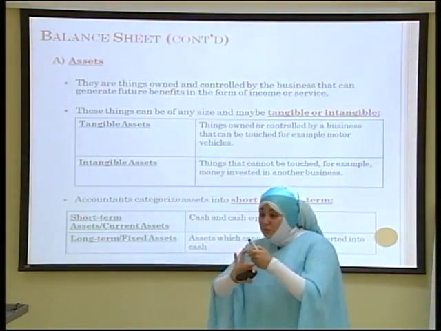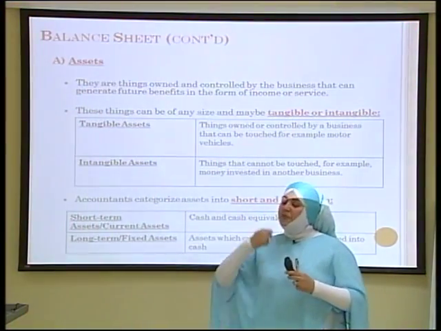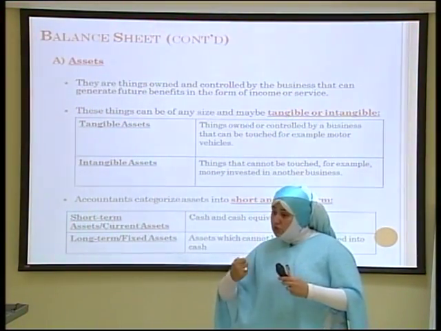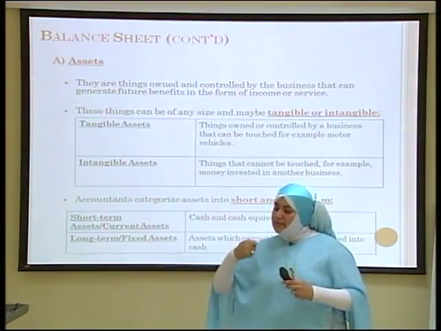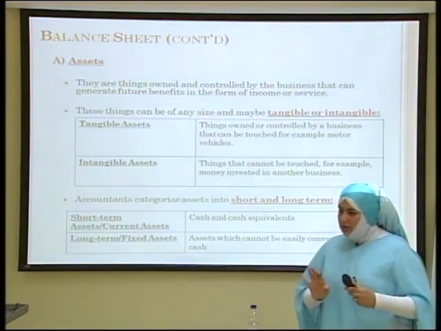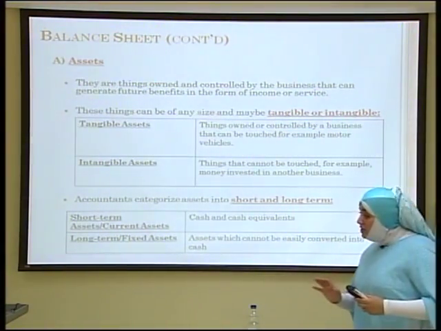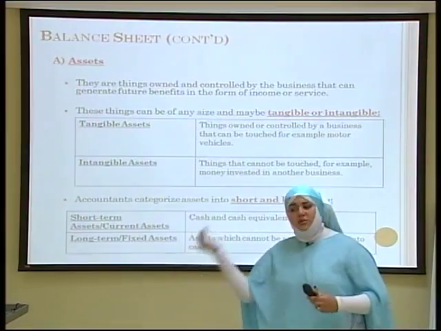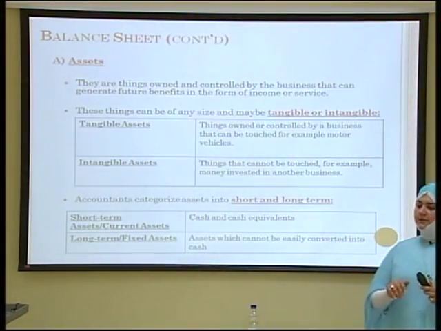Debtors, trade receivable, or accounts receivable, all these things are the same; they just express the transaction, an account of when you sell something on credit to one of your customers. The long-term or fixed assets are assets which can't be easily converted into cash, like buildings, like cars.